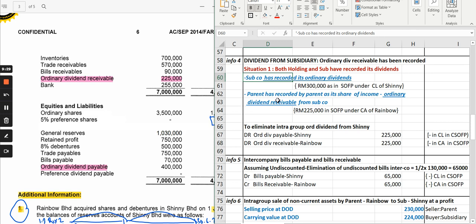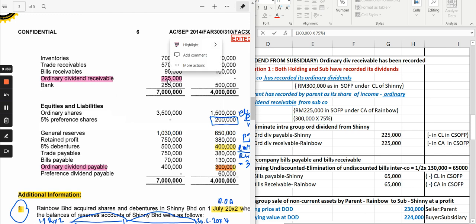The parent also has recorded its share of income, so it appears as part of the current asset. So 225,000 here, you can actually calculate and confirm that this is 300,000, the dividend by the subsidiary, times 75%, because that is the ordinary dividend receivable by the parent.